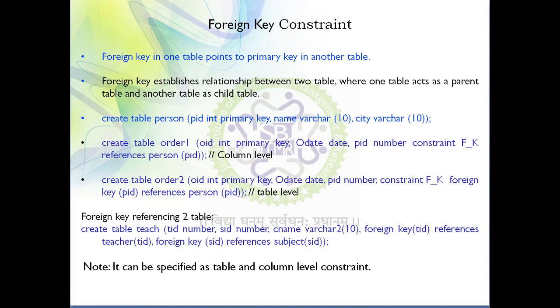In the same way, first you need to delete the entry from the child table, then its respective entry can be deleted from the parent table. So you should know these two restrictions about insertion and deletion. You cannot insert data directly into a child table unless its entry is present in the parent table, and you cannot delete data directly from the parent table unless its respective entry from the child table gets deleted. Don't worry about this. I will demonstrate all of this with the help of live SQL.